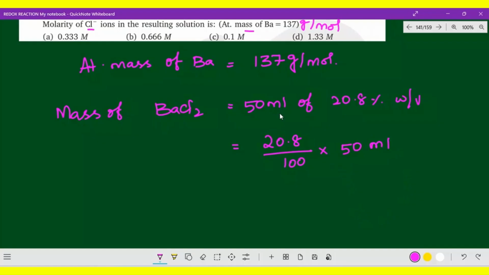I just mentioned volume into percentage so that you will remember it. Usually when we have that key, it is easy to understand. So what is the answer when you calculate this? You will get around 10.4 gram, because here mL will be cancelled, with 100 mL in that percentage. So 10.4 gram, and by the way, it is mass only we are considering, always gram. So 10.4 gram is the mass of BaCl2.